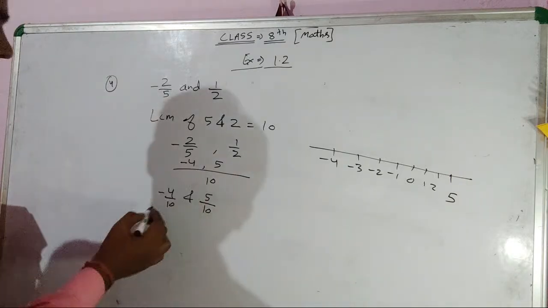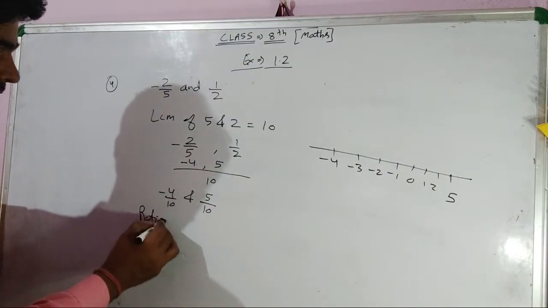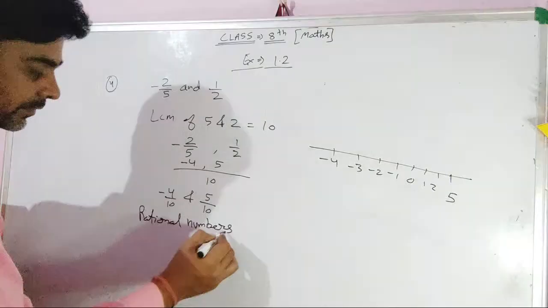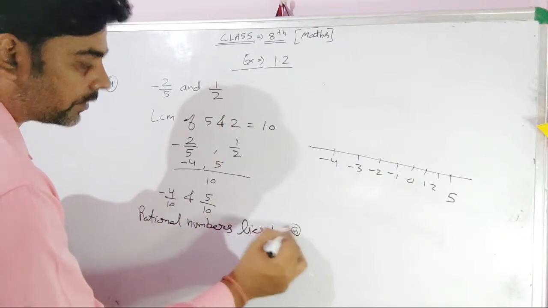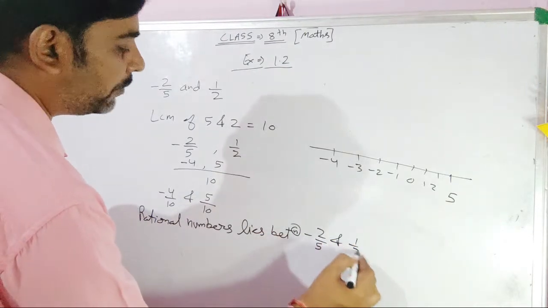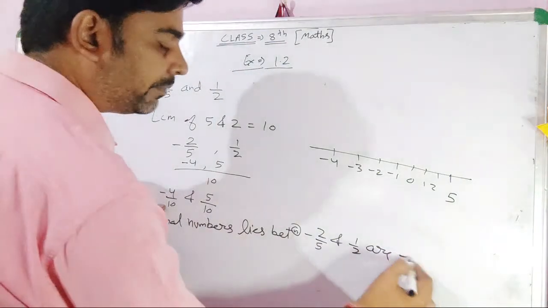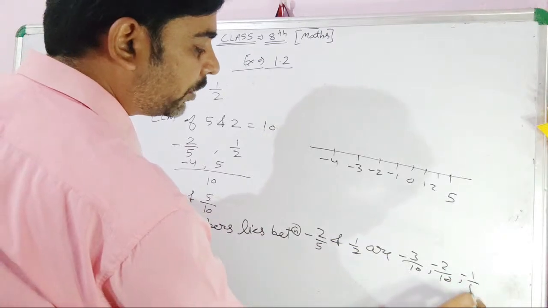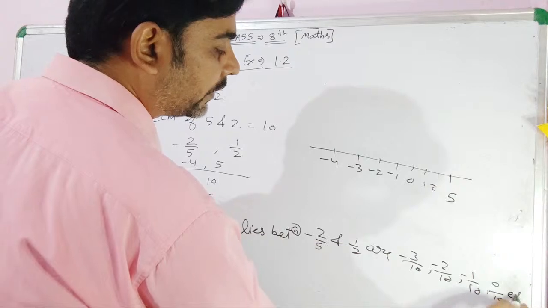So we can write rational numbers lying between -4 upon 10 and 5 upon 10, which are from here: -3 upon 10, -2 upon 10, -1 upon 10, 0 upon 10, etc. Right?